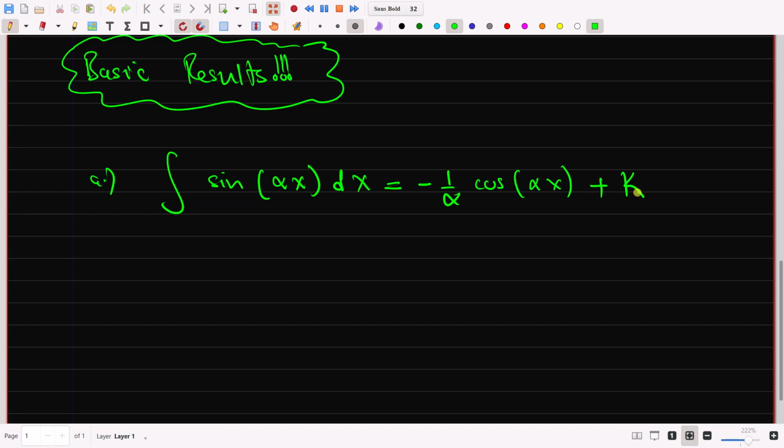This result, I call it the recipe, because it is actually an information statement which tells you how to go about integrating trigonometric functions like sine theta. If you look thoroughly into this given result, you will see that it suggests steps someone has to follow every time you are trying to integrate trigonometric functions.